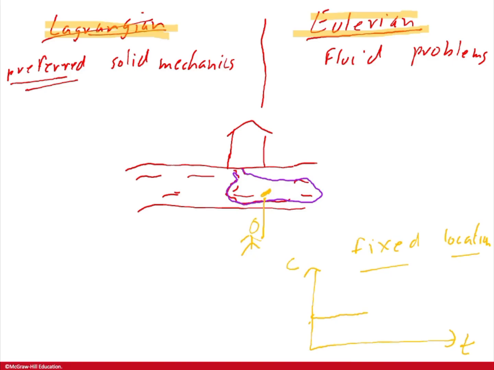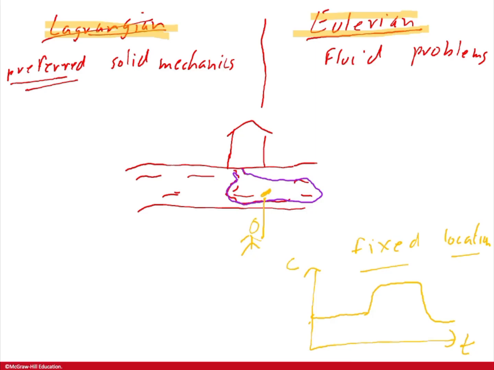Let's say the factory starts dumping more pollutants, so you'll see a spike in the concentration. And if you start reducing it, then you'll see it go back down, right? So at that specific location, you can measure how the concentration of the pollutant changes with time. Okay, so that was one way of observing the concentration.